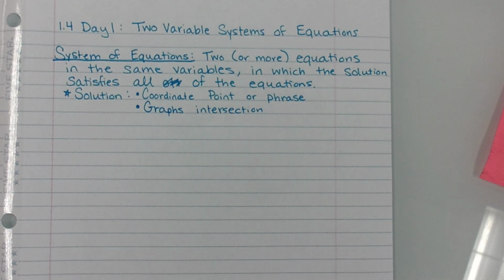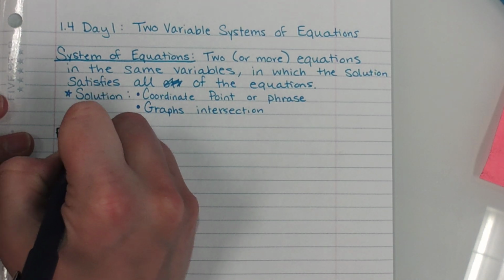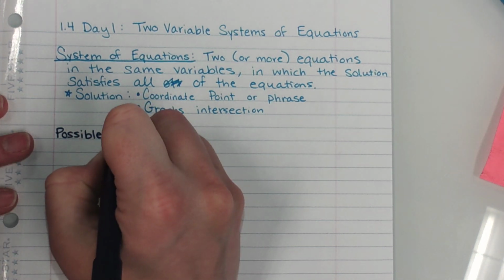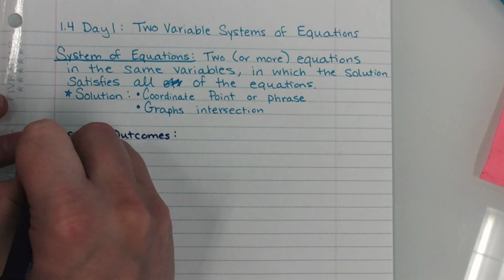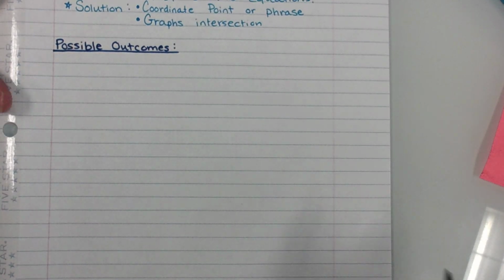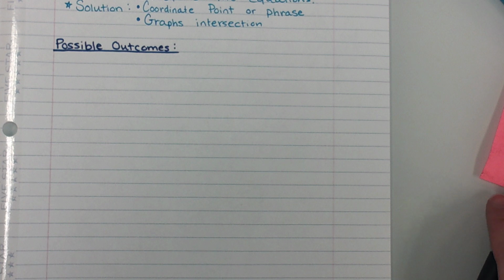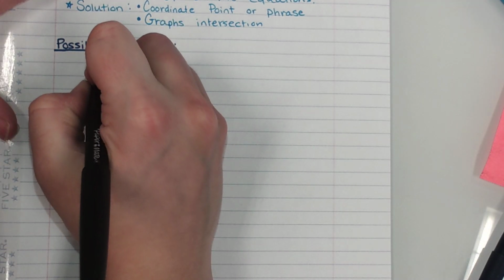Now, when you're working with systems of linear equations, you got a couple of different possible outcomes on what that will look like. Specifically, there's 3 different possible setups.